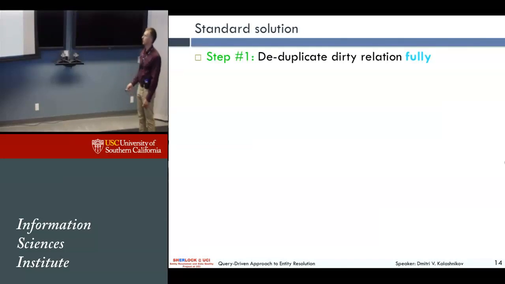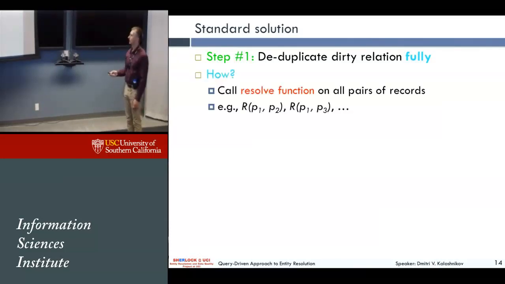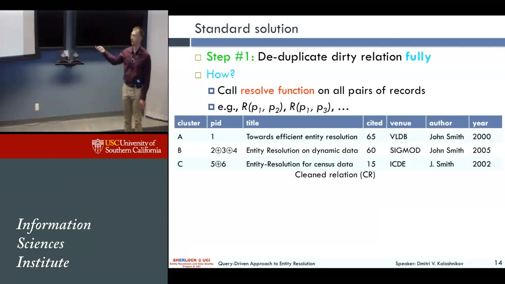The first step is to deduplicate the dirty relation fully. How would they do it? The standard approach calls resolve functions on pairs of records. It calls resolve on paper 1, paper 2, paper 1, paper 3, and so forth. Eventually it gets something like this. This is a clean relation.